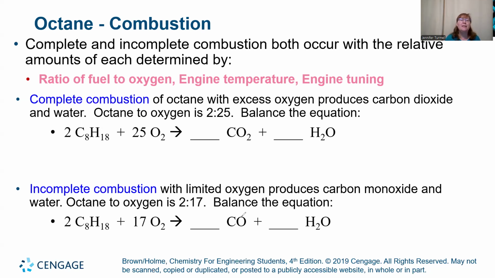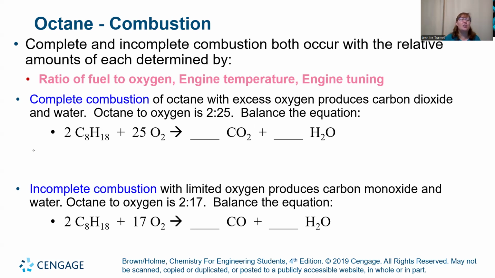And whether it is complete or incomplete is going to be dependent on your ratio of fuel to oxygen. So here we have 2 to 25 versus 2 to 17. Okay. And then your engine temperature and your engine tuning is also going to depend whether or not you get CO2 and H2O or carbon monoxide and H2O.